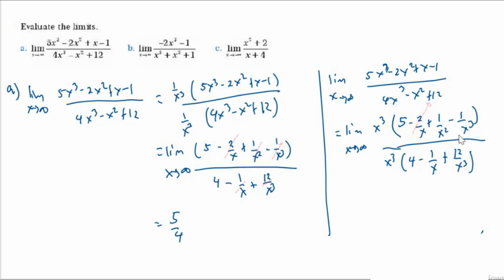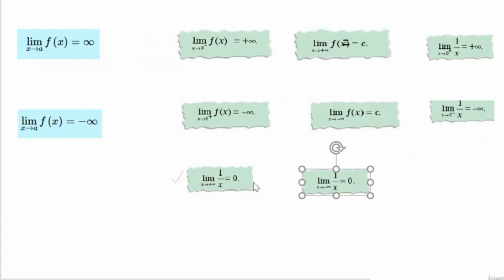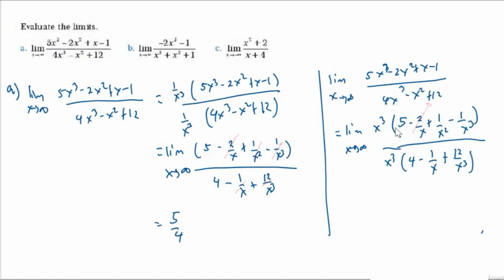Since I already emphasized that the limit of 1 over x as x approaches infinity is 0, we are going to apply that to every term in this problem. So the limit now of 1 over the square of the infinity, where x is infinity, is also equal to 0.